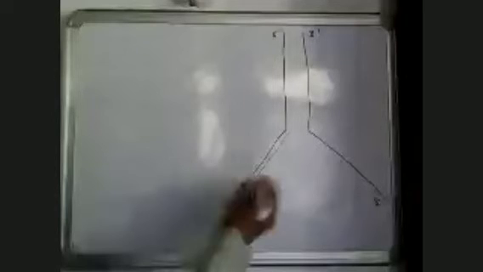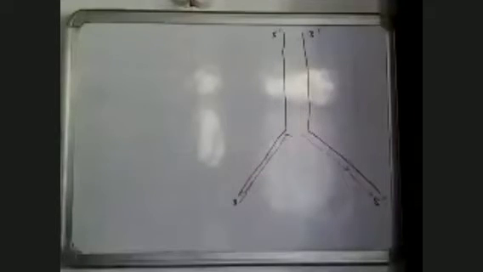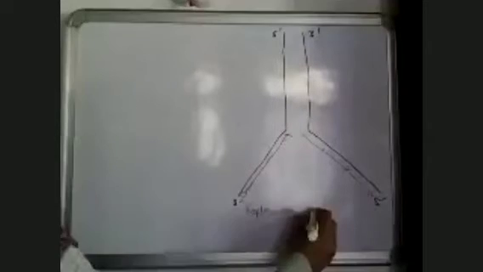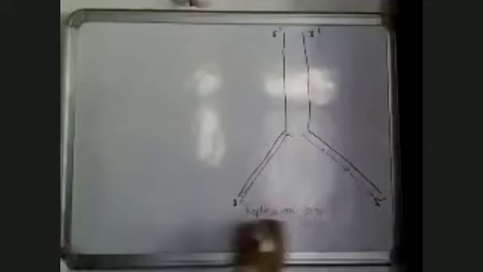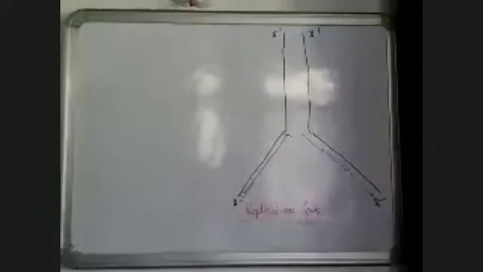Now, how it happens, what happens in the replication fork, I'm going to tell you. The process of replication has various steps. The first step in the process of replication is the origin of replication.